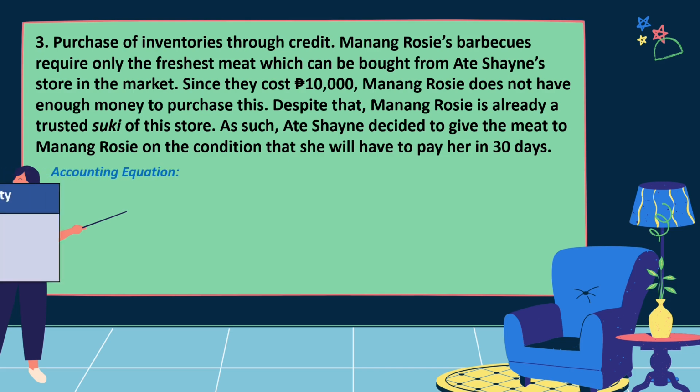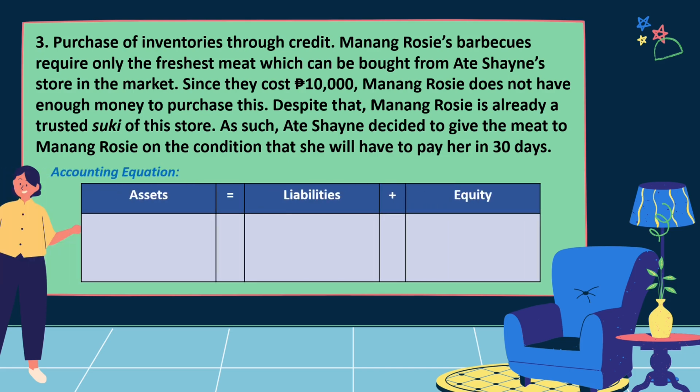Okay, sa accounting equation, we have assets is equal to liabilities and equity. Based from this transaction, do we have assets? Yes, we have assets which is inventories worth 10,000 pesos. Bakit positive sign yan? Nadagdagan ang assets niya, inventories 10,000 pesos.